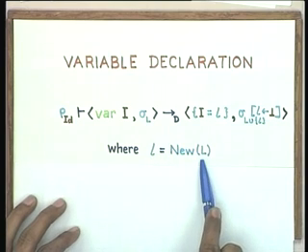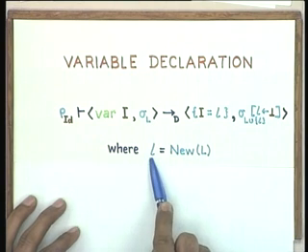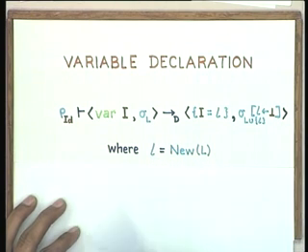There is no confusion between this location and any other location that is present in L. This l has to be different from anything else that is present in this capital L.